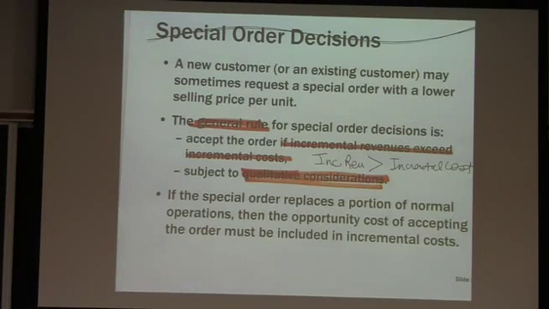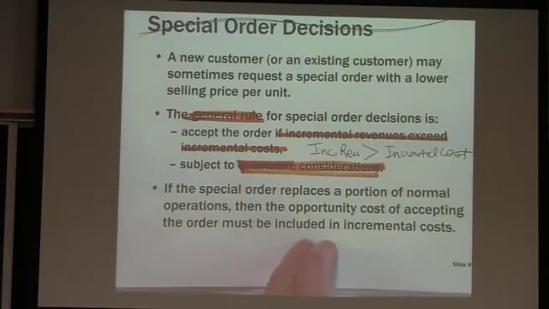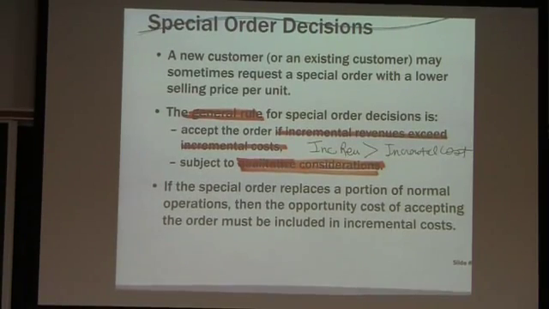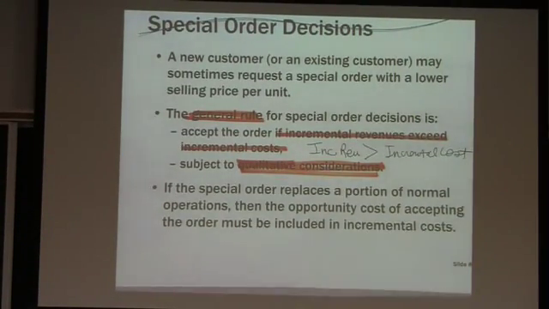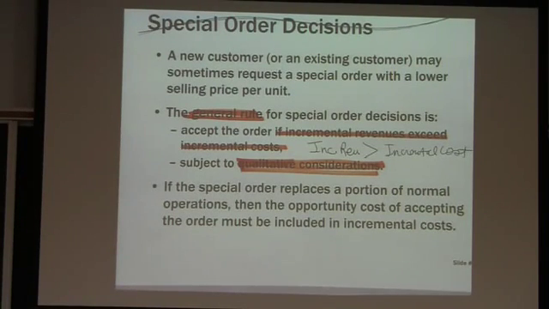So if the special order replaces a portion of normal operation, then we need to calculate the opportunity cost of accepting that order. Now, what does that mean? Basically, when you get a special order, the first question you need to ask is, do you have the capacity to accept the special order? In other words, do we have the bandwidth to fulfill that order without ruining, without decreasing our regular customer base?